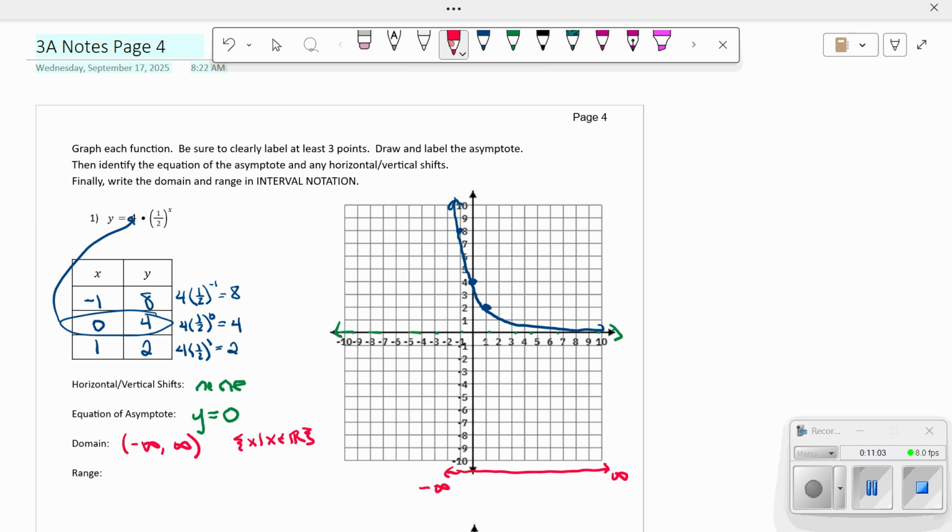My range, on the other hand, well, I see that my y values are going up. And what I want you to think about is if they ever touch 0. You should say no. With that asymptote, it never touches, so 0 is not included. Remember, not included means it's a parenthesis. So my start y to end y is going to be 0 to infinity.